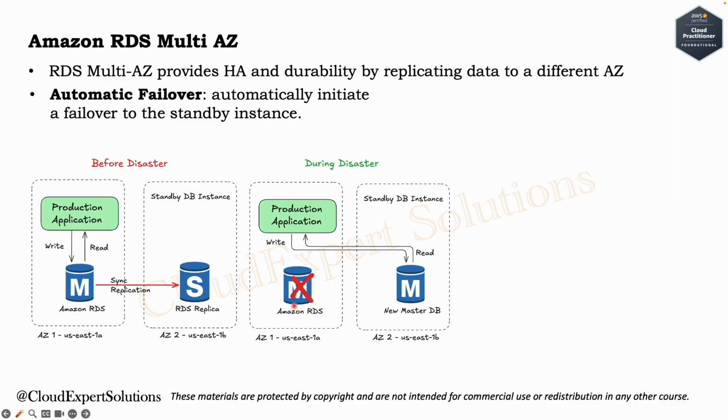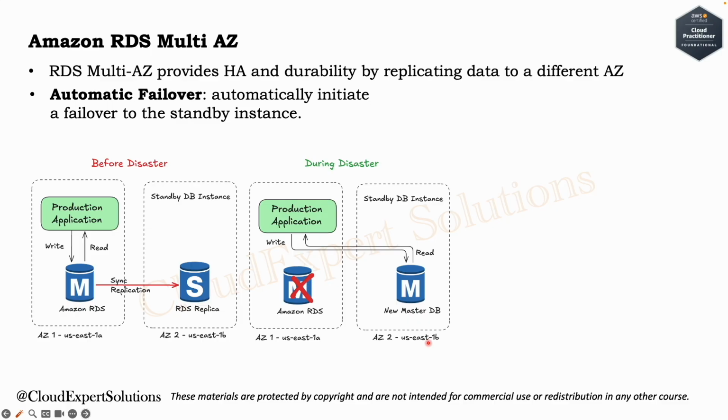Now if disaster strikes at us-east-1a or the primary node is not responding, maybe because of an infrastructure defect such as loss of network connectivity, compute unit failure or storage failure, then RDS will initiate a failover. It will pause all the transactions.